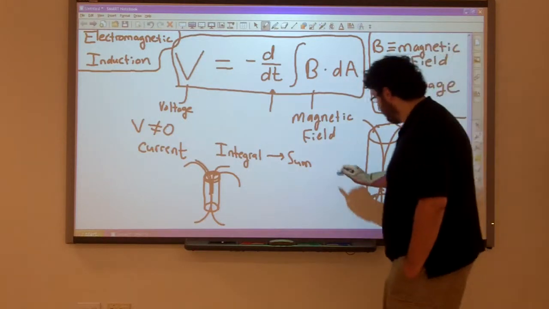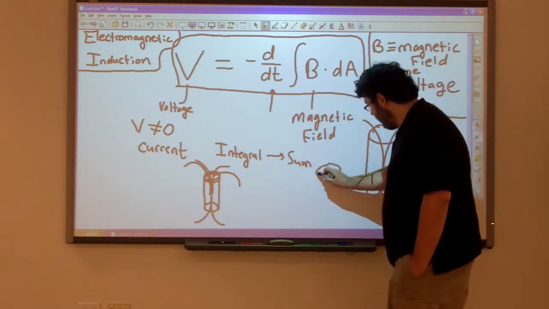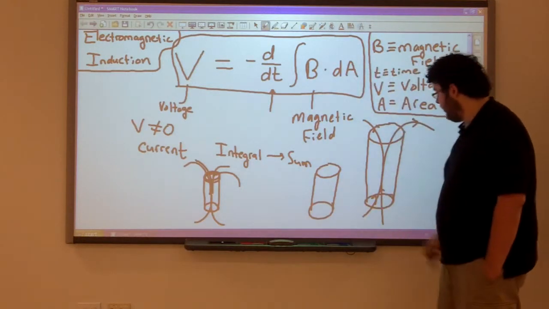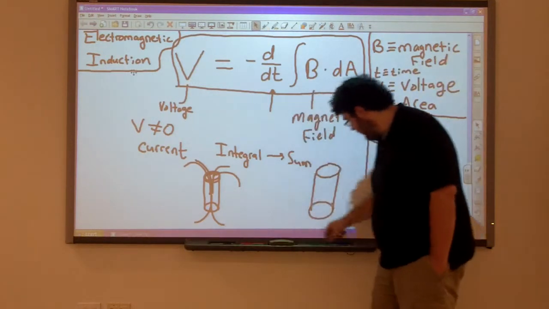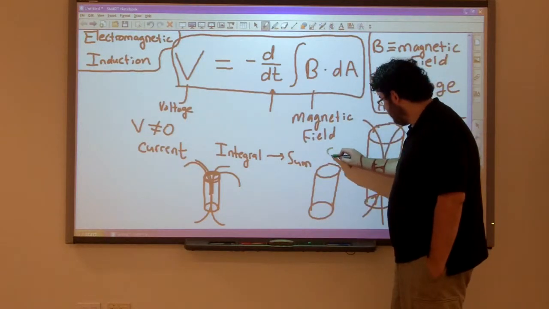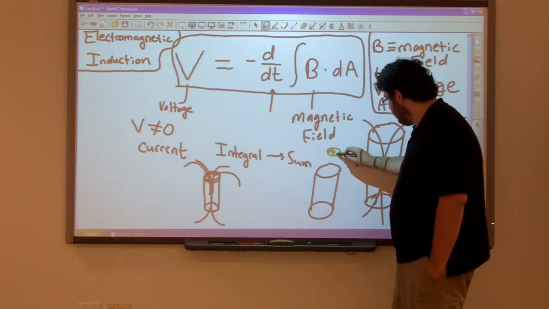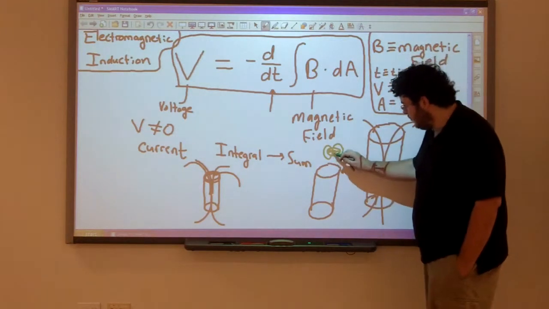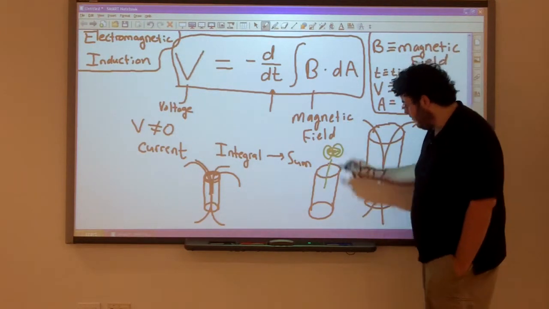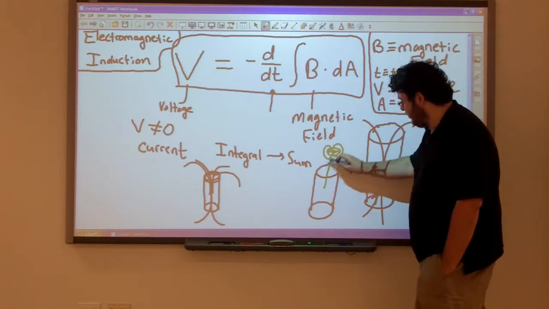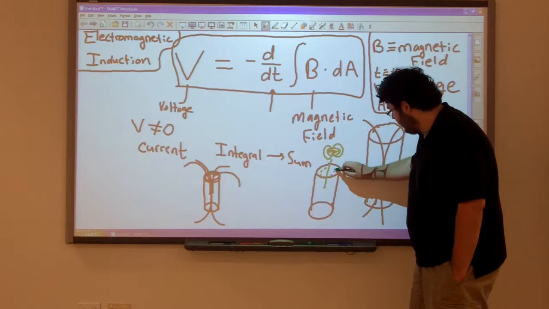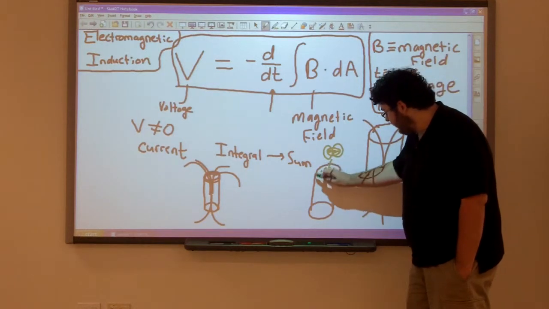However, if we have this same cylinder, and instead of having just a constant magnetic field throughout it, let's say that we have a little magnet. So this has its own magnetic field. And let's say we drop that through here. Well, at first, there's no magnetic field in here because it's above the copper. However, when it starts to fall and we get a magnet here, there will be a magnetic field in this region.